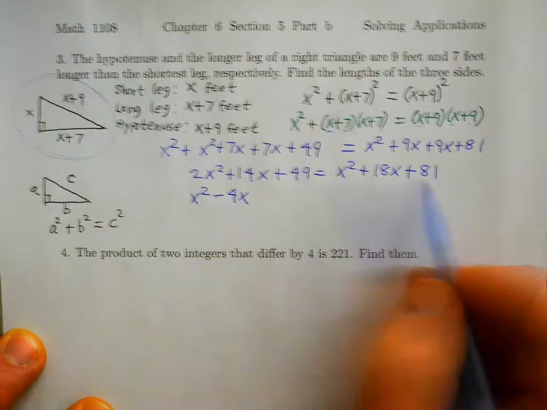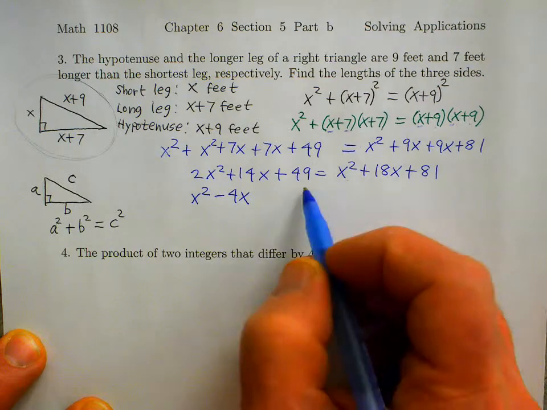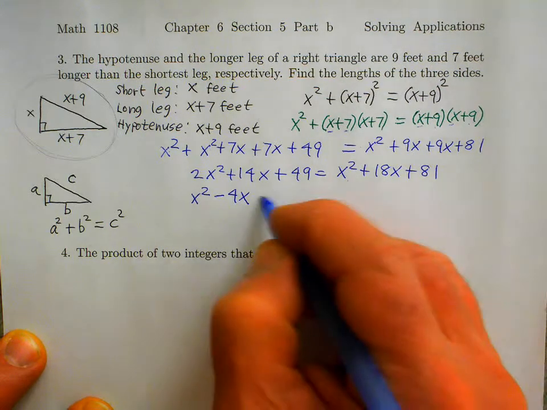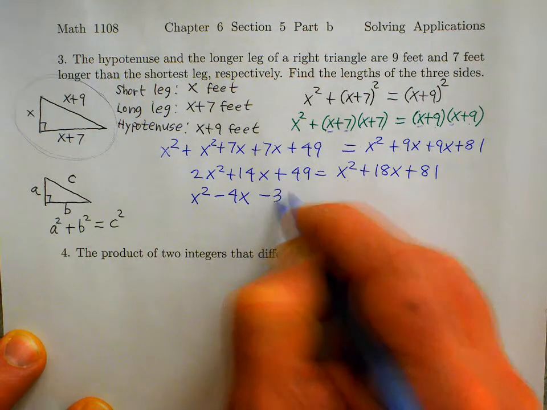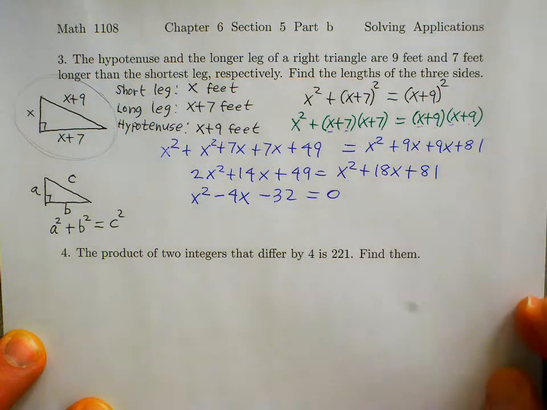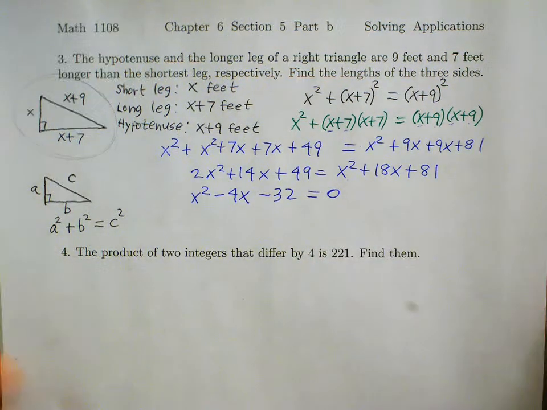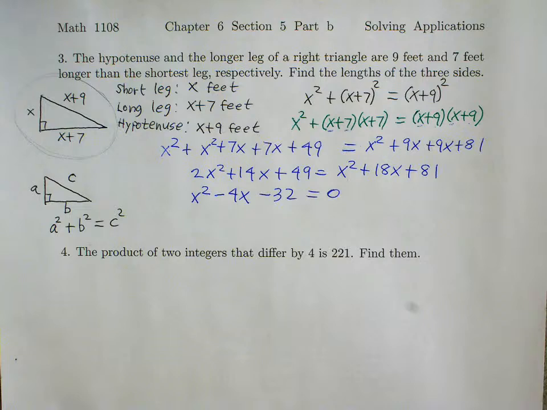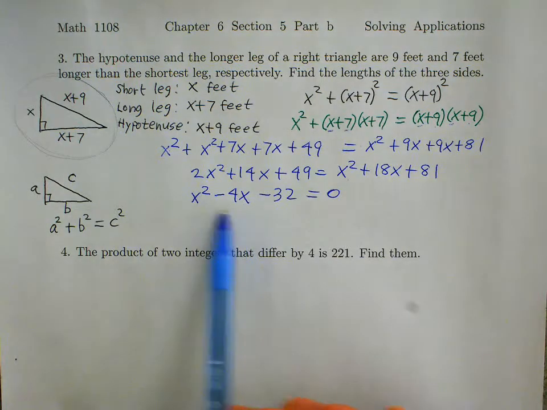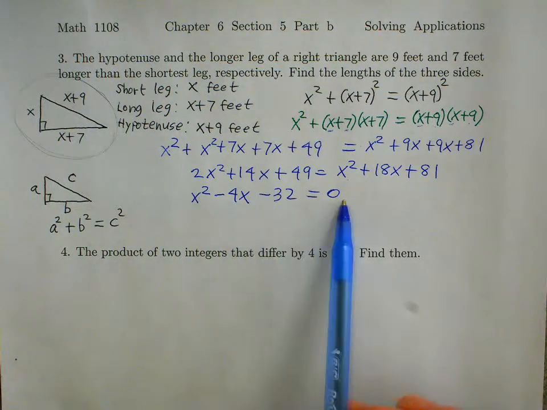And then subtract 81 from both sides. 49 minus 81 is negative 32, so we write minus 32. And the right-hand side is 0. And then we factor the left-hand side now that the right-hand side is 0.